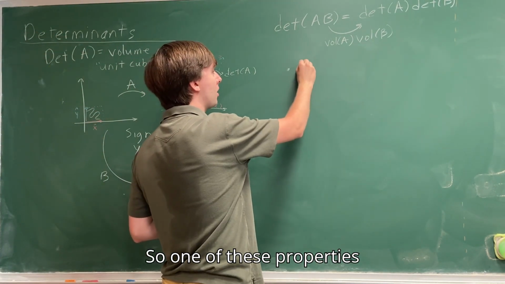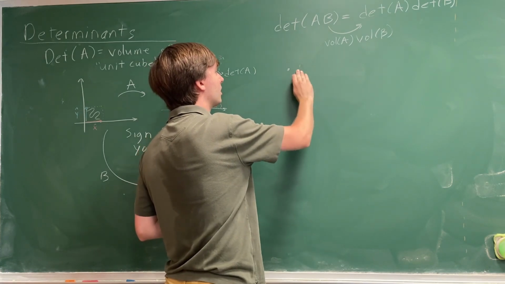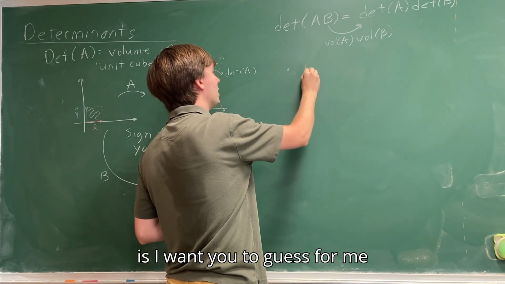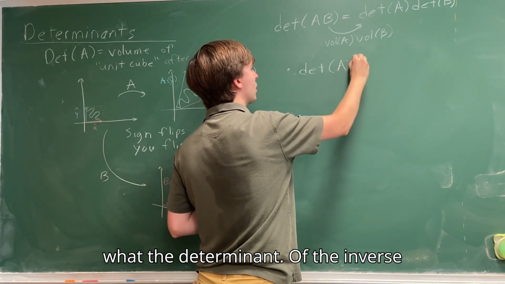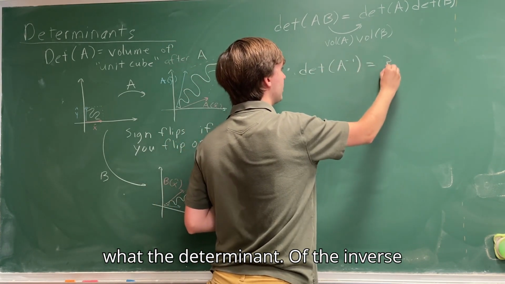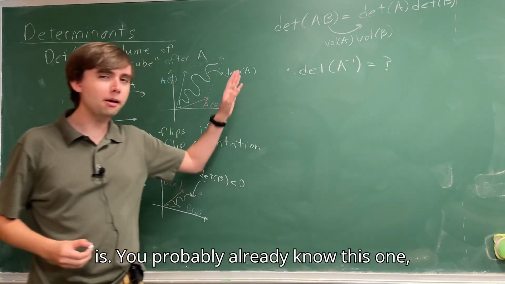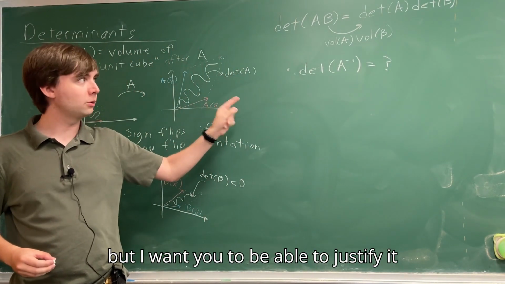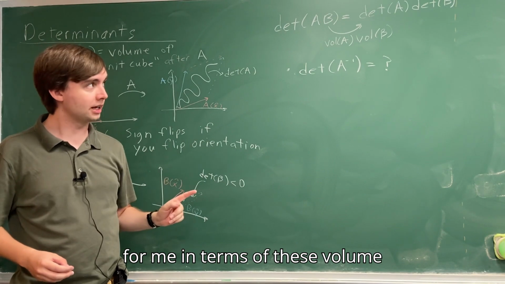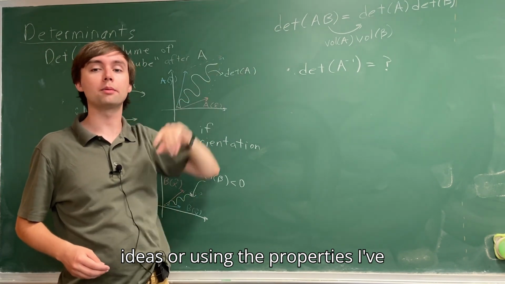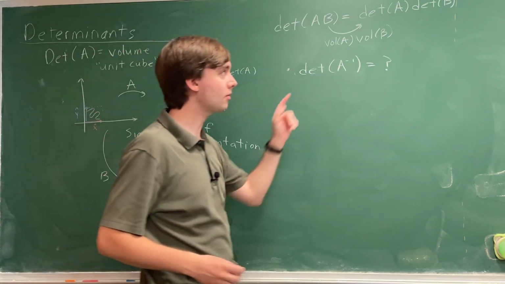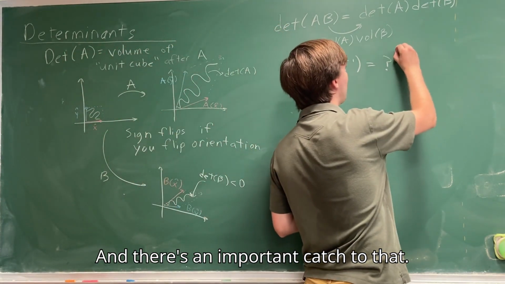So one of these properties is I want you to guess for me what the determinant of the inverse is. You probably already know this one, but I want you to be able to justify it for me in terms of these volume ideas, or using the properties I've already given you. And there's an important catch to that.